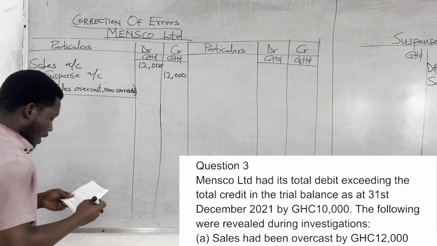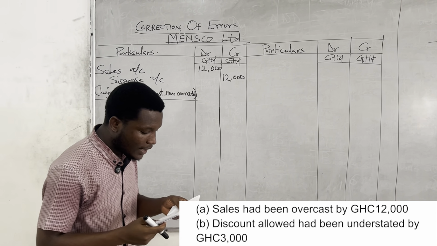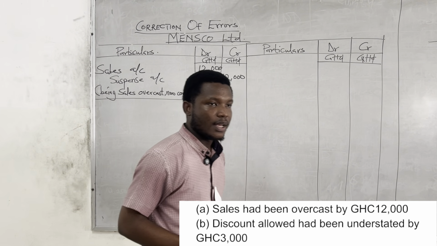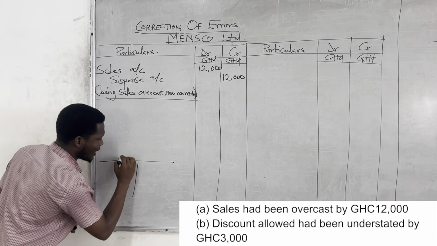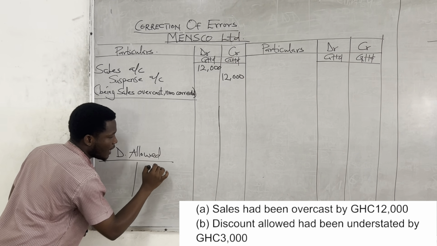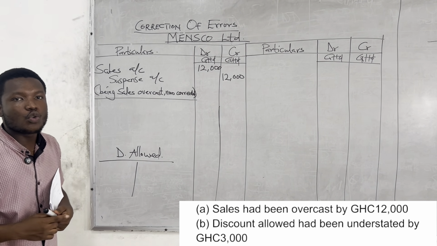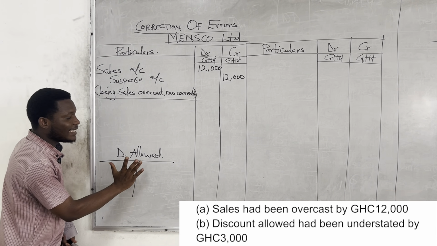Now, the second transaction says that discount allowed had been undercast by 3,000. Now, we have our discount allowed account. We all know when you go back to your cash book, discount allowed has a debit balance.